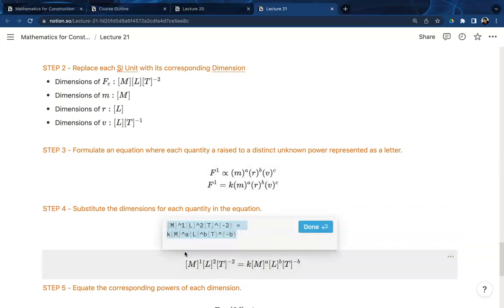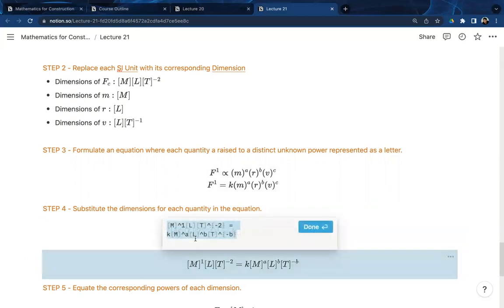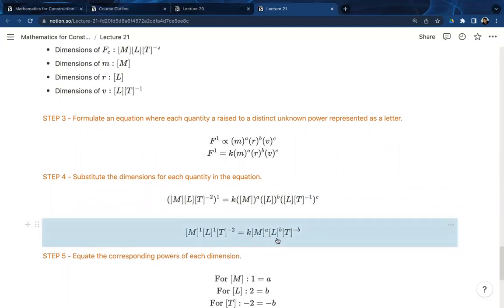So the left-hand side simplifies to this. M1, I should put 1 here, right? To the power 1. Always put the powers on the left-hand side. So M1, L1, T to the minus 2. Now here, this is MA, LB, right?